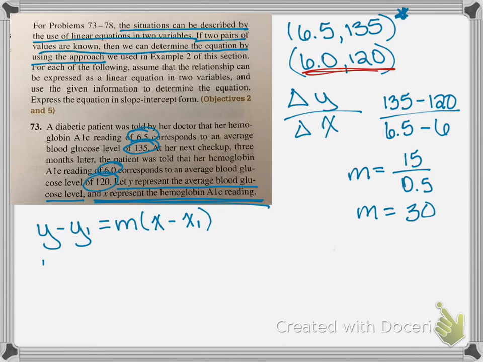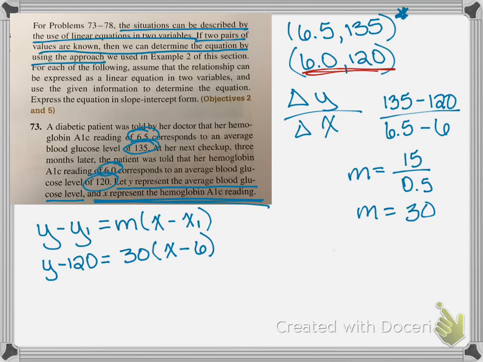So I have y minus 120 equals a slope of 30 times x minus 6. Y minus 120 equals 30 times x minus 6.